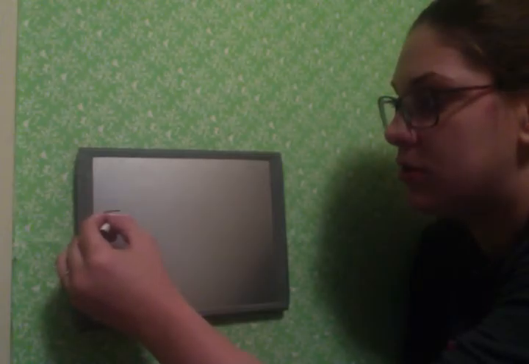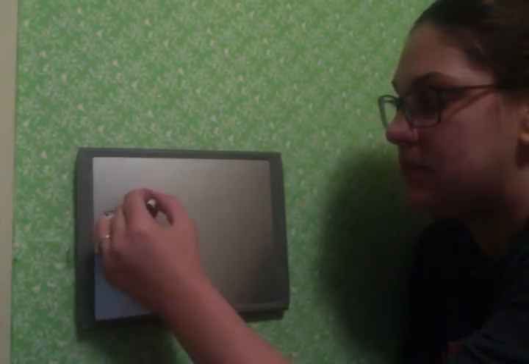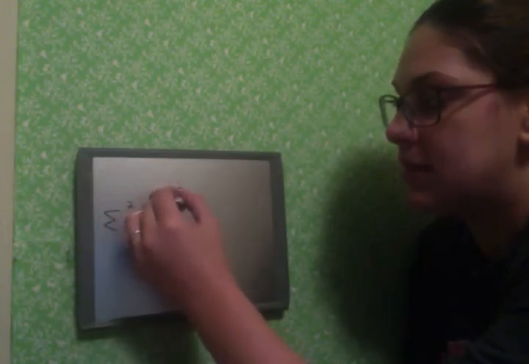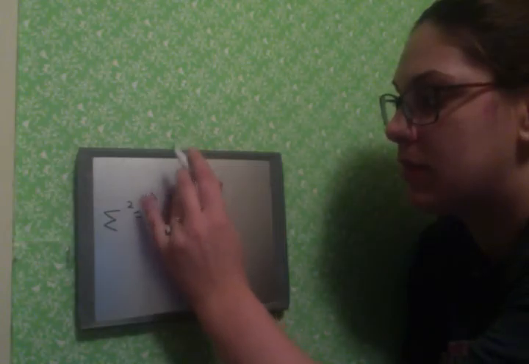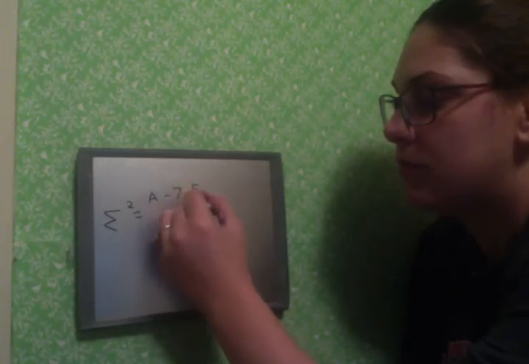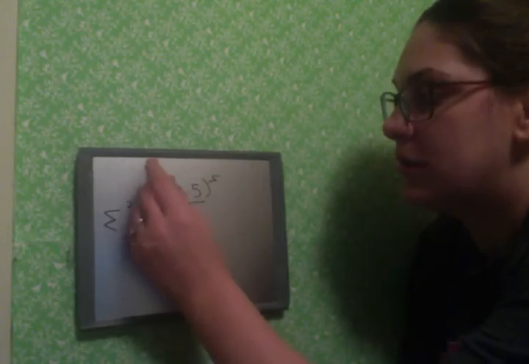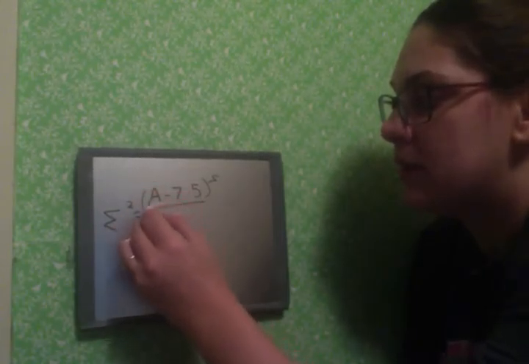So chi-squared is your observed, so it's A minus 7.5, squared, so whatever number you found for A, divided by 7.5.